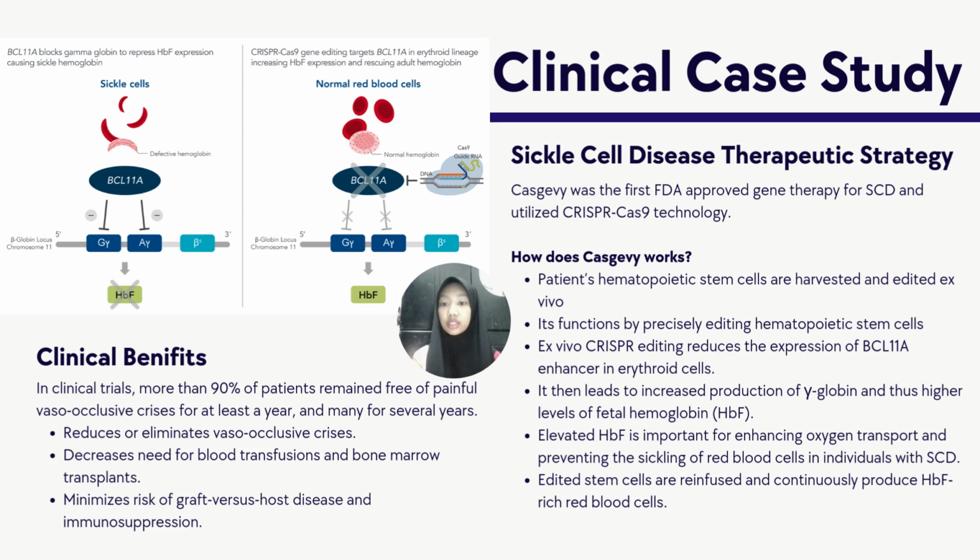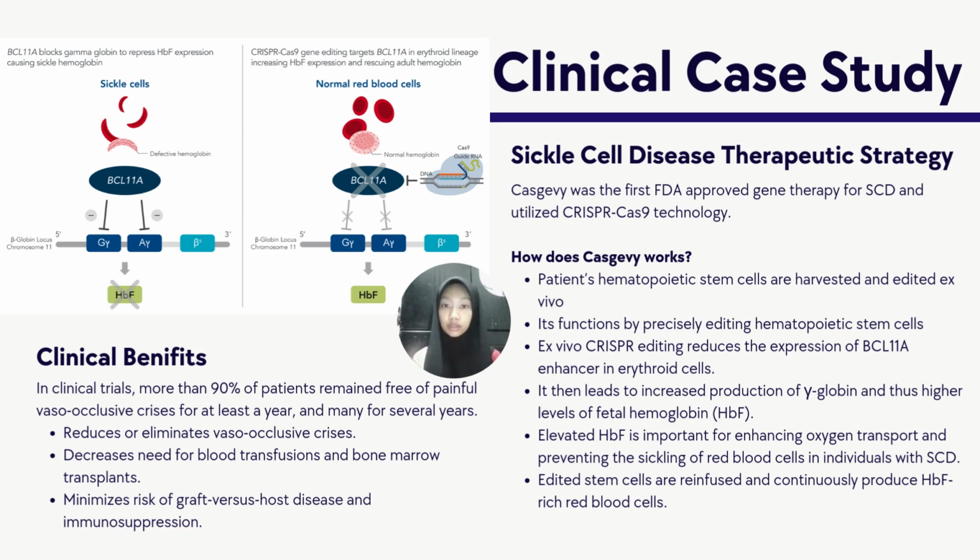But by disrupting this enhancer, it leads to the increased production of gamma globin and thus a higher level of fetal hemoglobin, HbF. HbF has a higher oxygen affinity and prevents the polymerization causing the red blood cell to sickle. Edited stem cells are then reinfused back into the patient and continuously produce HbF-rich red blood cells.